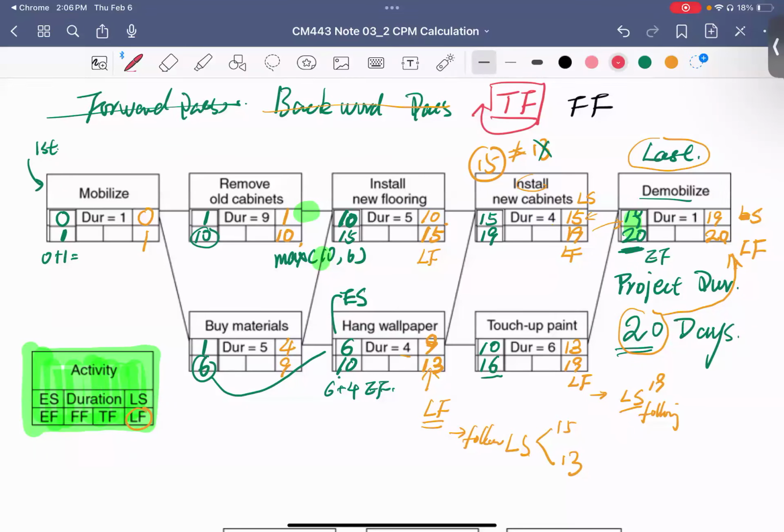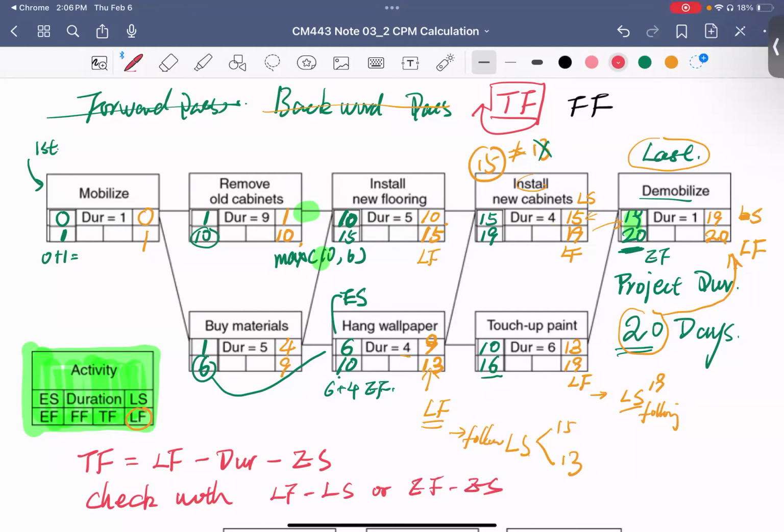So let's do the total float. The total float is easy. You are using your TF, which is equal to your late finish minus your duration minus your early start. And you can check with LF minus LS or early finish minus early start.